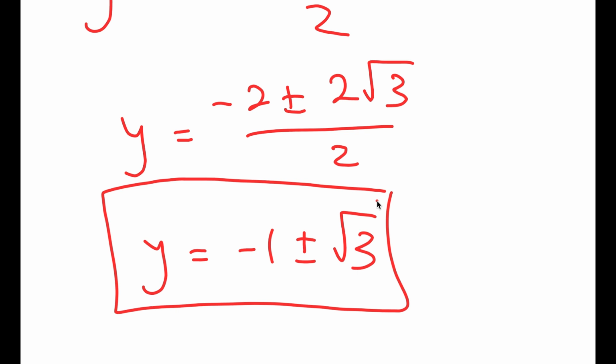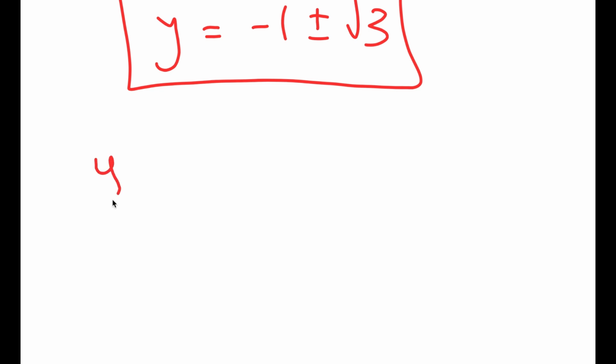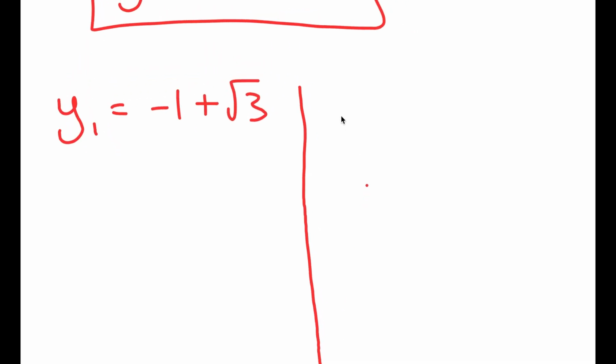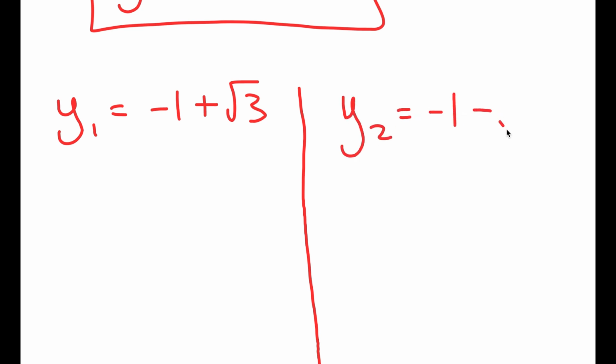So now, let me write them down first. y of 1 is equal to negative 1 plus the square root of 3, and y of 2 is equal to negative 1 minus the square root of 3.